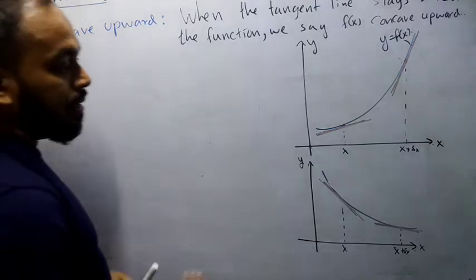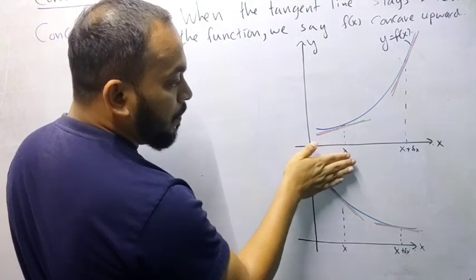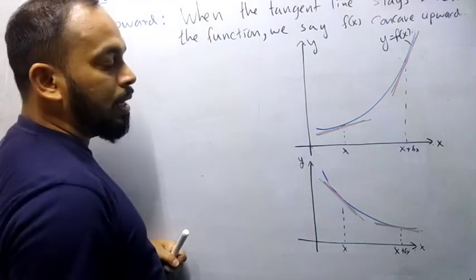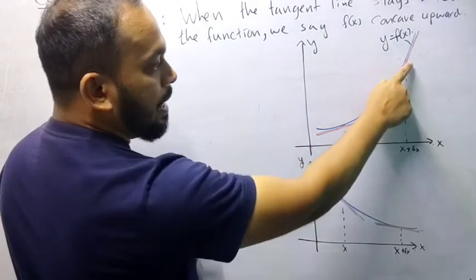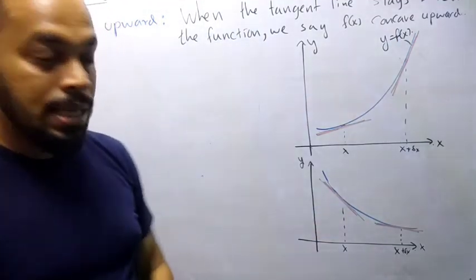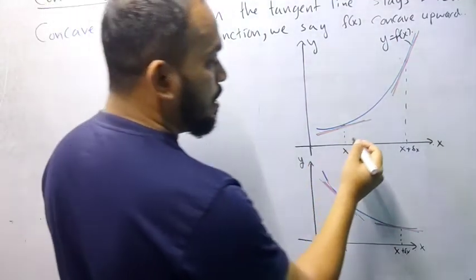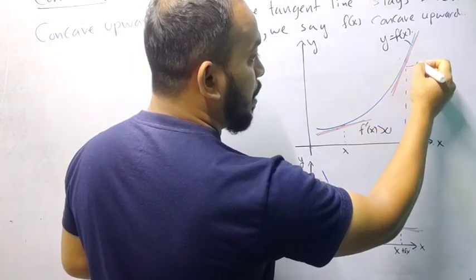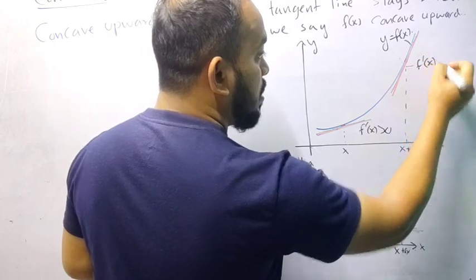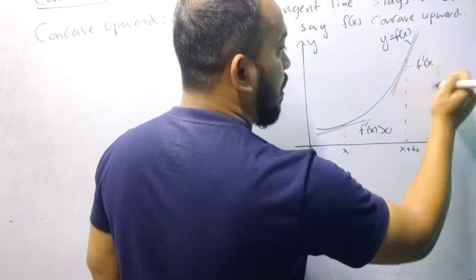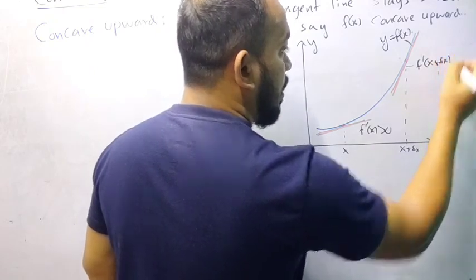As you can see, if you move in this direction, if you increase the x coordinate, what happens to the tangent line? In this case the function is increasing. Increasing function means f prime of x is always positive. Sorry, this is at the point x plus delta x.